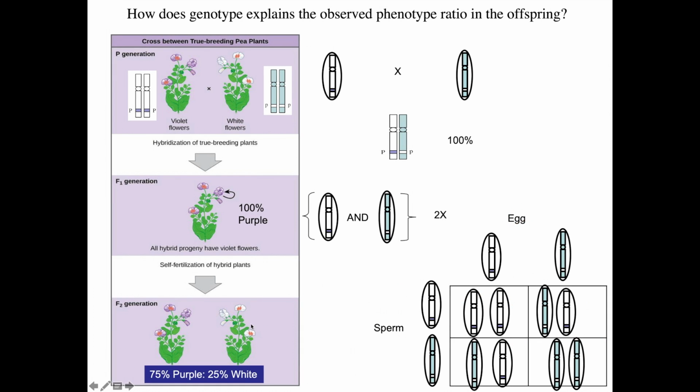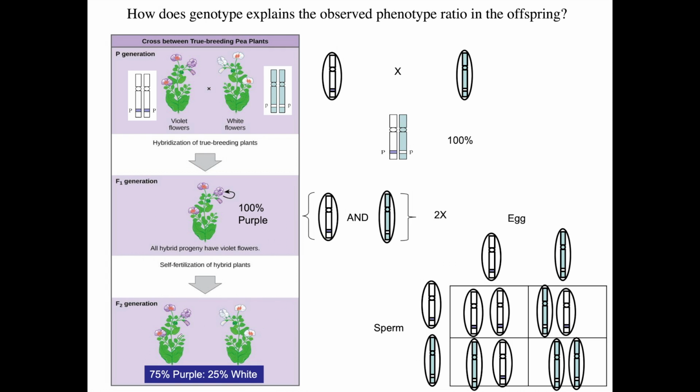Okay? I wanted to end this section by distinguishing between the phenotypic and genotypic ratio. So as you know, phenotype represents the expression of a particular genotype. So phenotype is what the organism looks like as a result of the alleles that it has inherited.